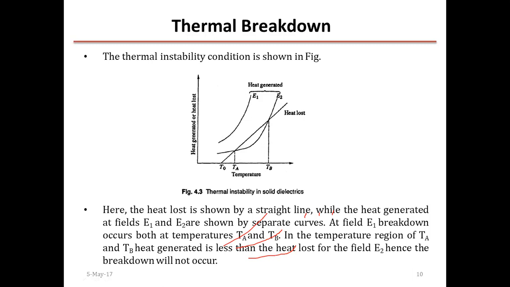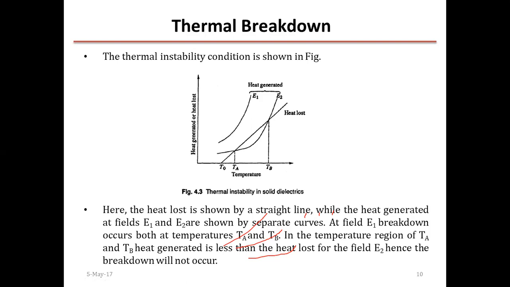At field E1, breakdown occurs at both temperature TA and TB, because you can see that this line crosses both of these two points. In the temperature region of TA and TB, heat generated is less than the heat lost for the field E2. Hence, the breakdown will not occur.